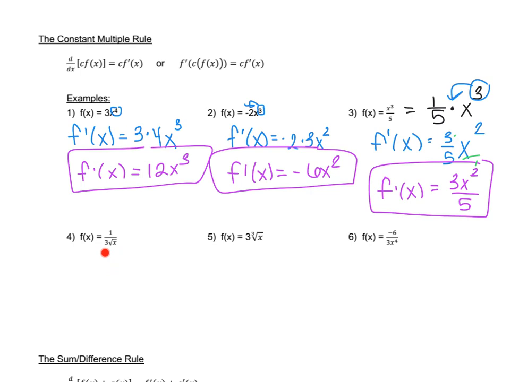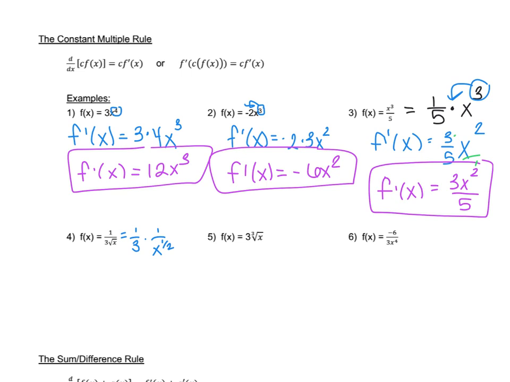So if we're thinking about a coefficient of our function, we can pull that 1/3 out, and then we've got 1 over the square root of x. So the first thing I'm going to do is rewrite the square root of x as x to a power. So just to reiterate, in order to apply the power rule, I need to write our function as a power of x. So that would be x to the 1/2.